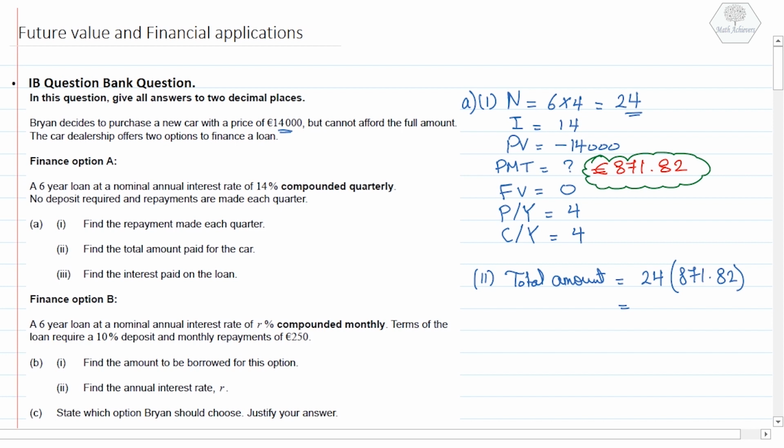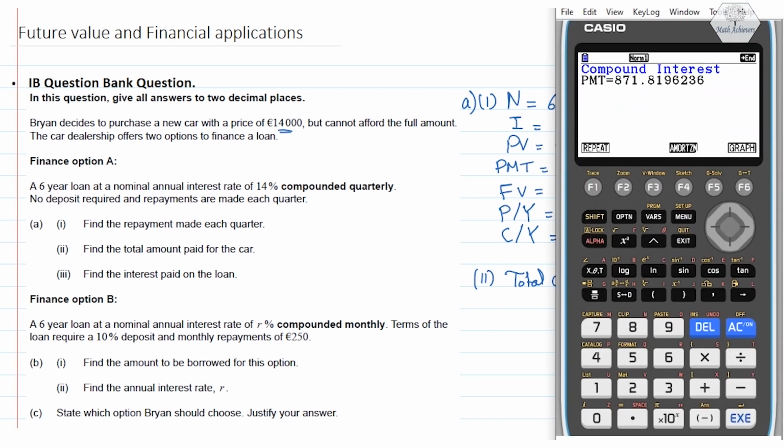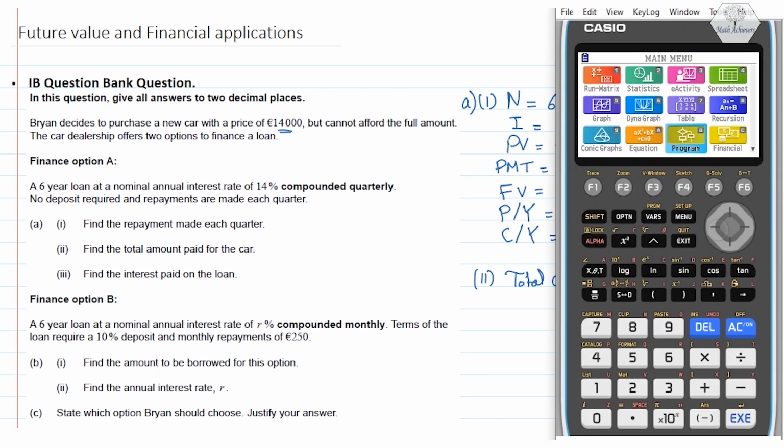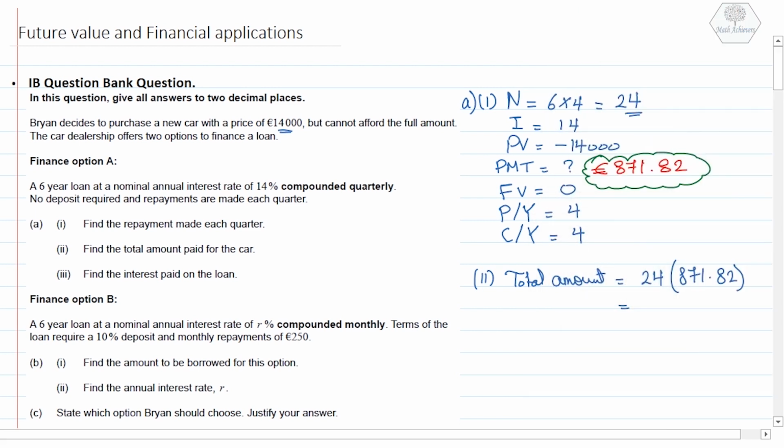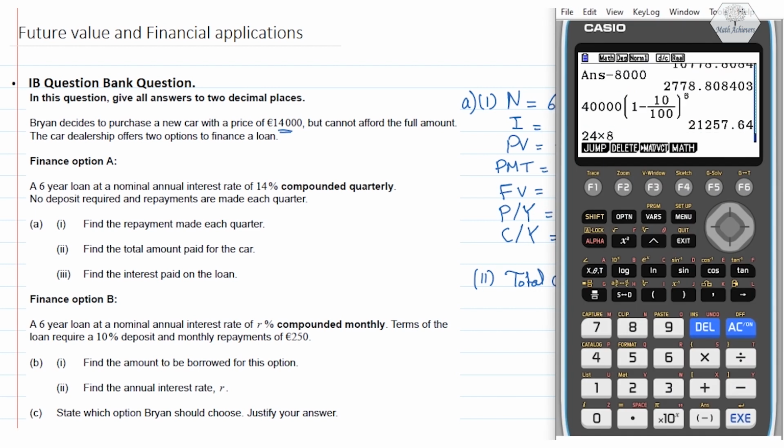We go to the run matrix. We have 24 times 871.82.